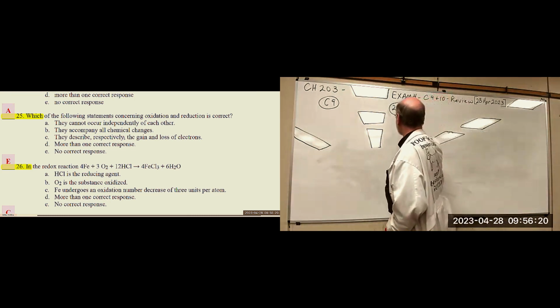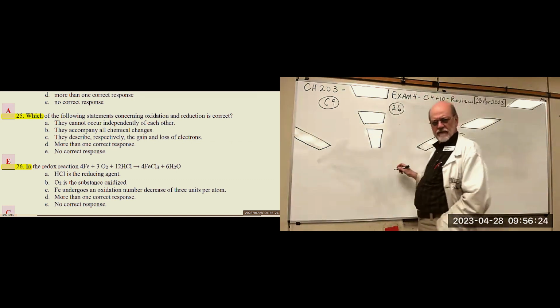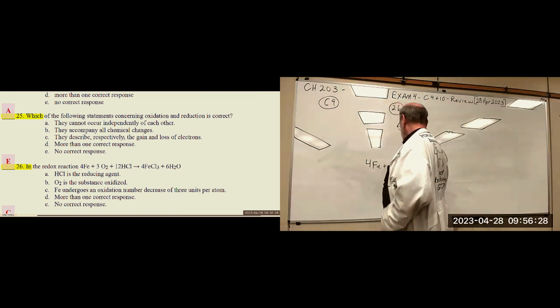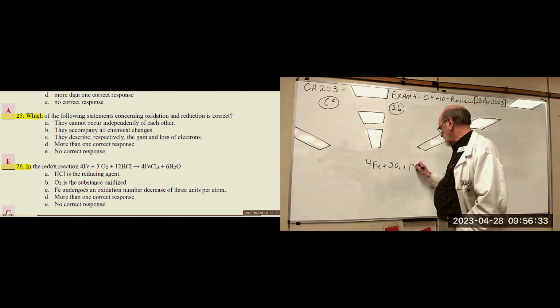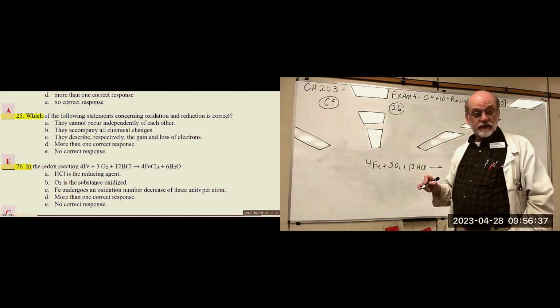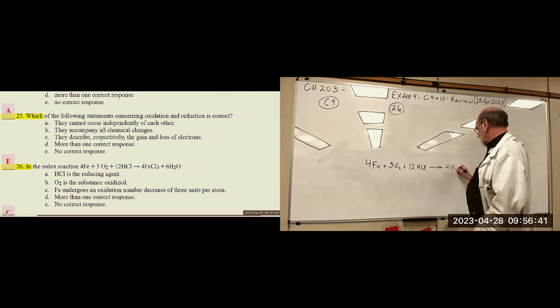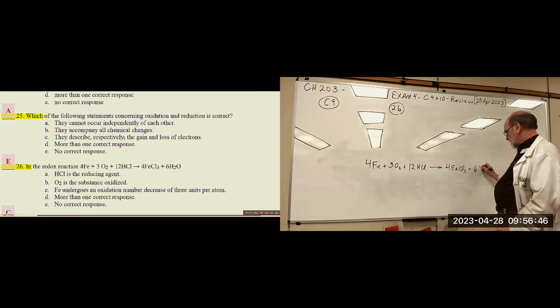Question 26. In the redox reaction, 4Fe plus 3O2 plus 12 HCl, and we're told this was redox, gives 4FeCl3 plus 6 water.